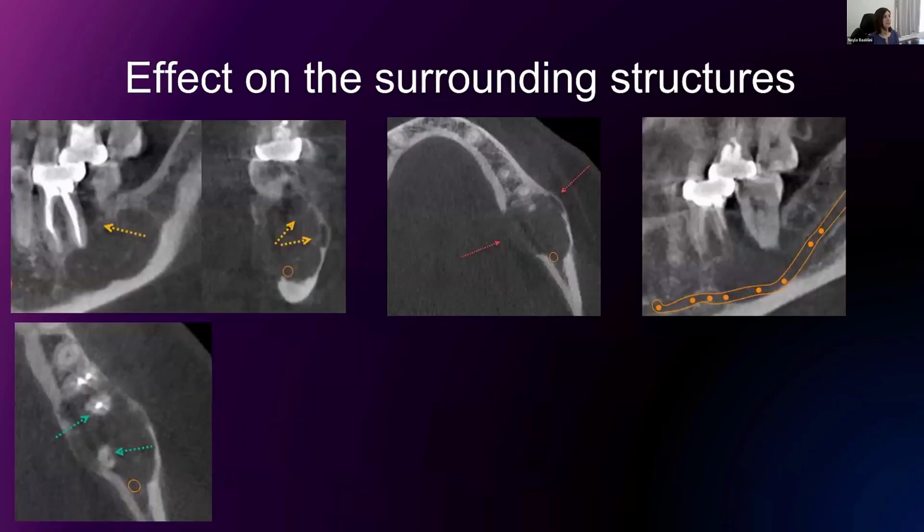Now, in the next section, we're going to talk about the effects on the surrounding structures. So this is the same previous case. Those are the sagittal and coronal views that I already showed, showing the septations. On this axial view right here, I pointed out how the lesion is causing non-uniform expansion of the buccal cortex with non-uniform thinning, and also expansion, thinning, and possibly interruption of the lingual cortex right here.